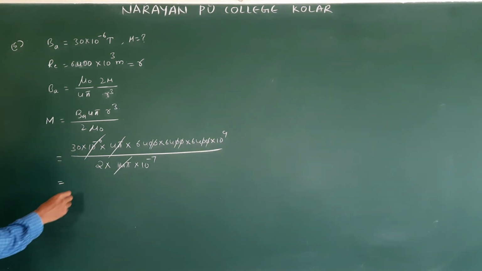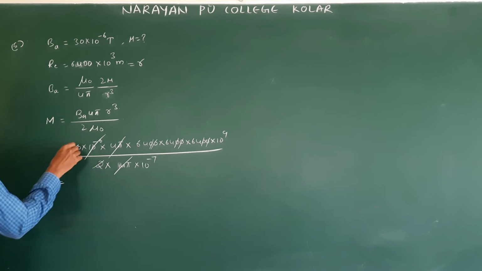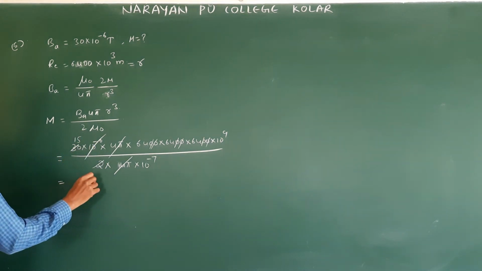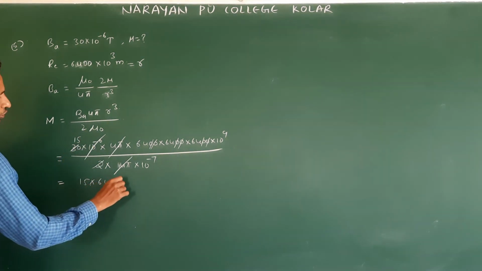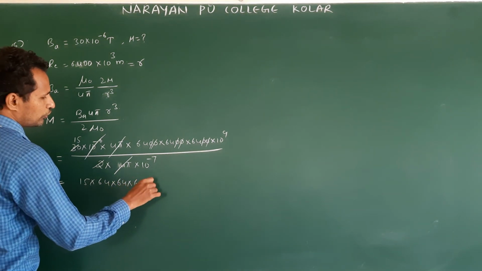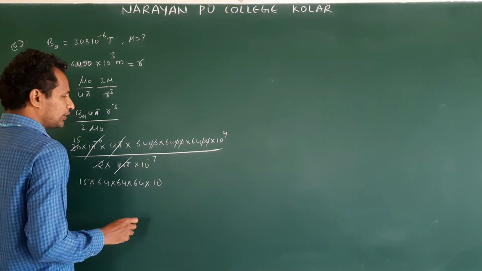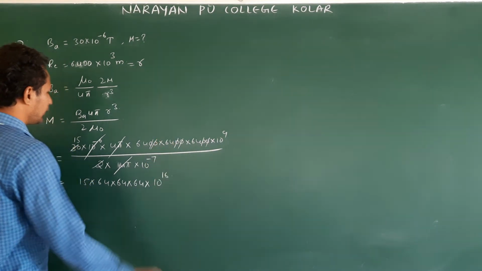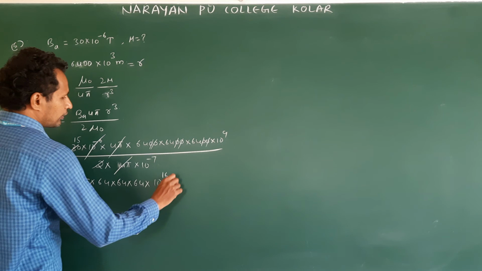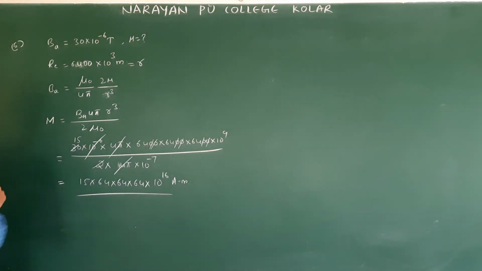How many times does it cancel? 15 times. 15 into 64 into 64 into 64, and the powers are plus 9 plus 7. That gives 16 ampere meter squared. Do the product and you will get the answer.